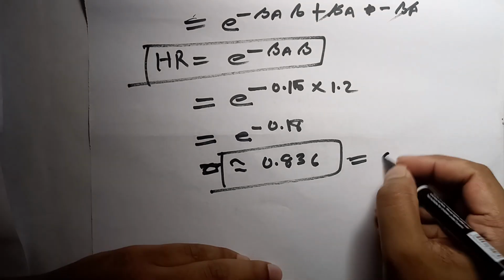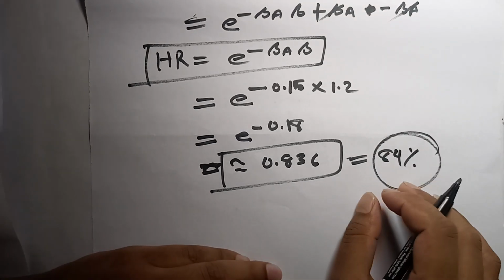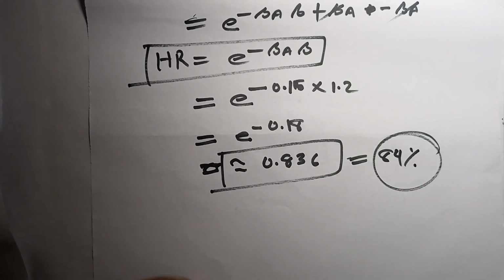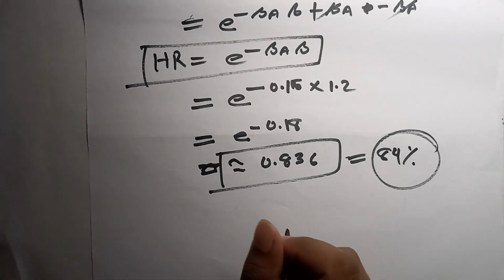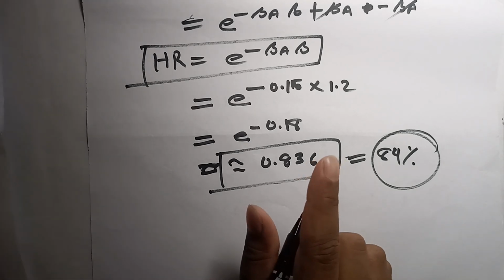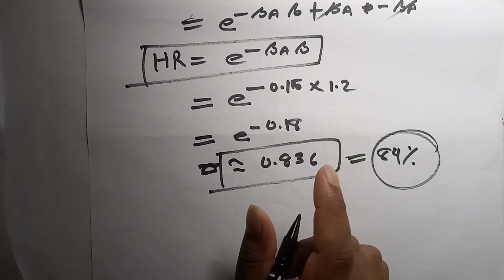And in percentage, if you convert it, you will find something like 84 point something. This was the ratio, the percentage you will find. And the interpretation, mostly important, is that this means that the females have about 16.4% lower hazard than the males, controlling for other covariates.